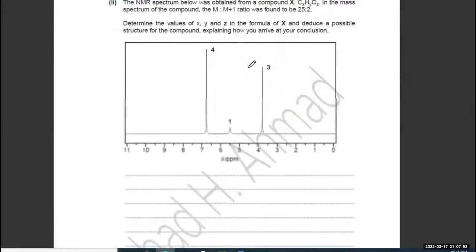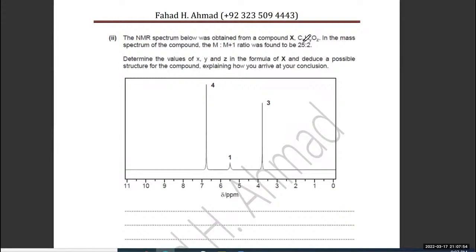They didn't tell us the oxygens as well. Oxygen is given as Z, so you would have to deduce the oxygens yourself. So I'm sending this in the group, and you can have a go at this one.